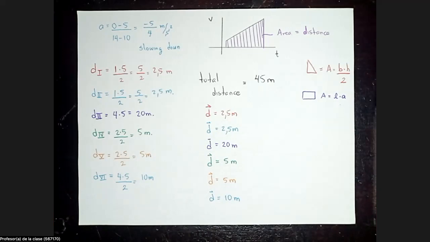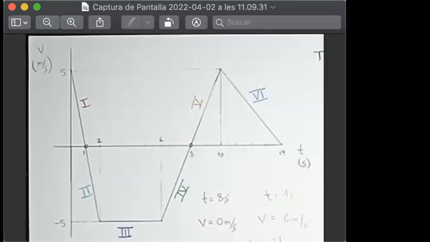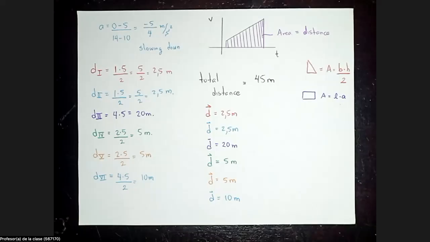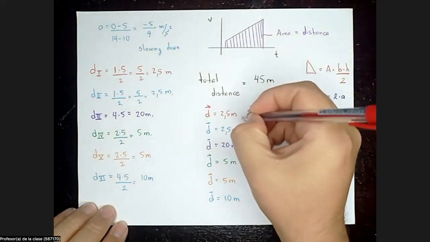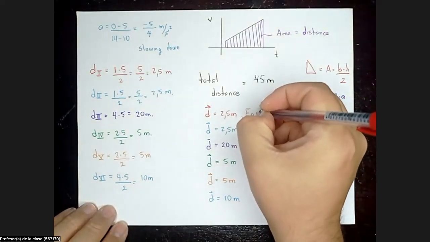Remember, the object starts moving to the east. That says the initial statement of the problem. So the first displacement on the first interval is going to the east.